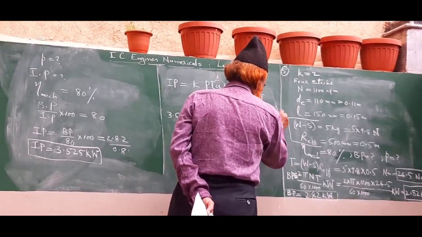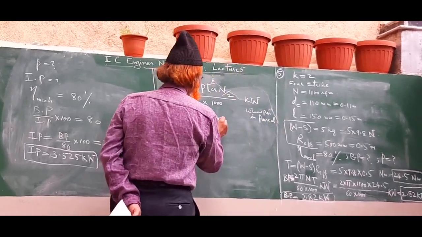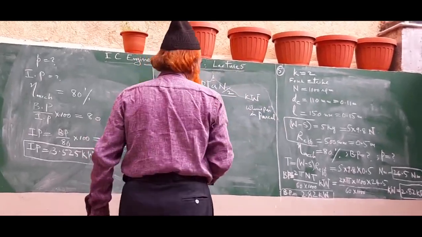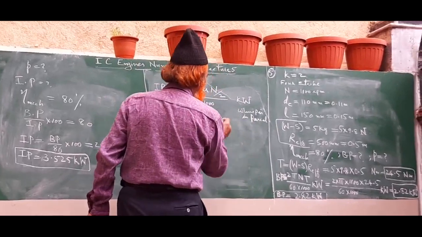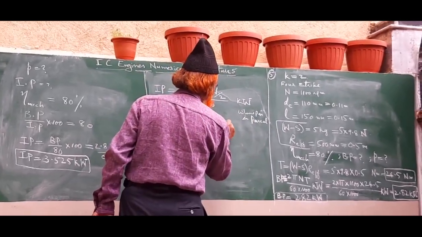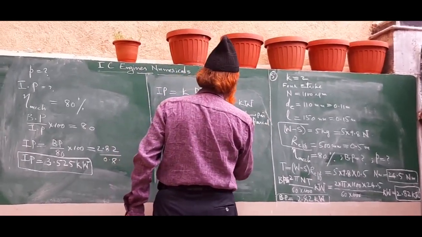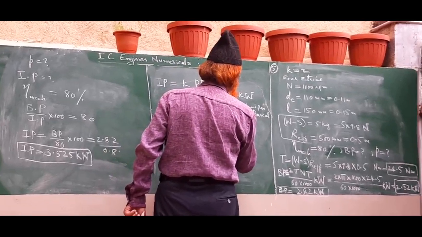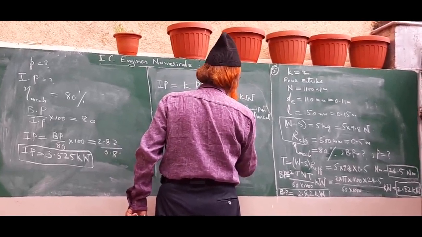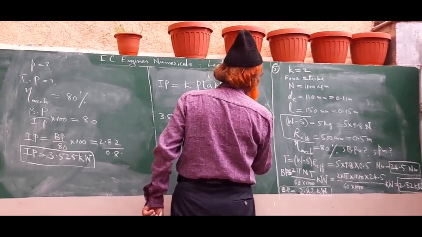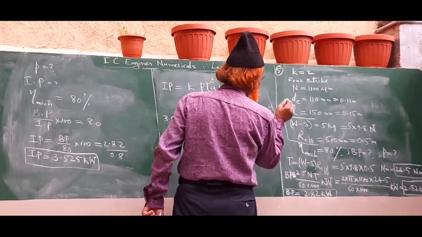Then P into length of stroke. Length of stroke is given as 0.15. Okay. And area we can write as pi by 4 into D square, 0.11 square.